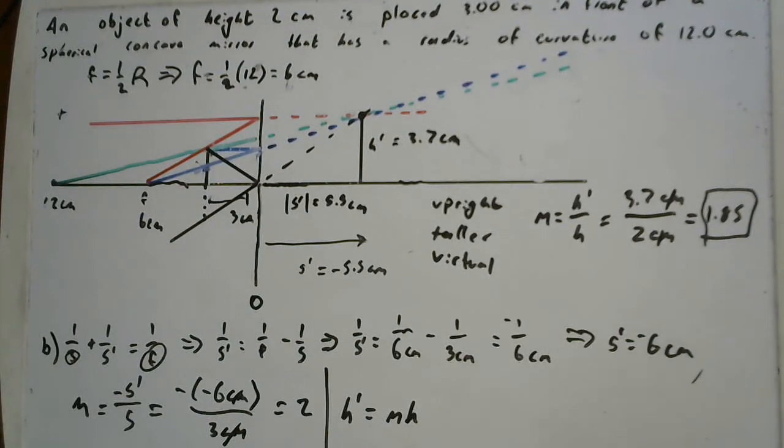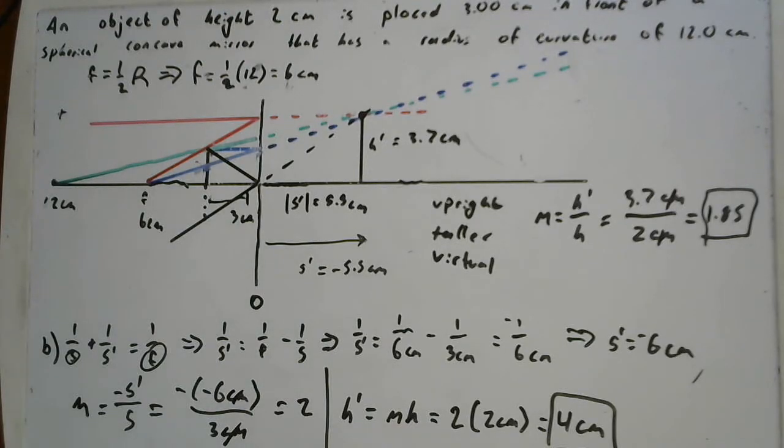It is by what factor does a thing get larger? So we can calculate how much larger it becomes. M is 2. Our height was 2 centimeters, which equals 4 centimeters. Yay! That is how you do this. This will get you a 10 out of 10.